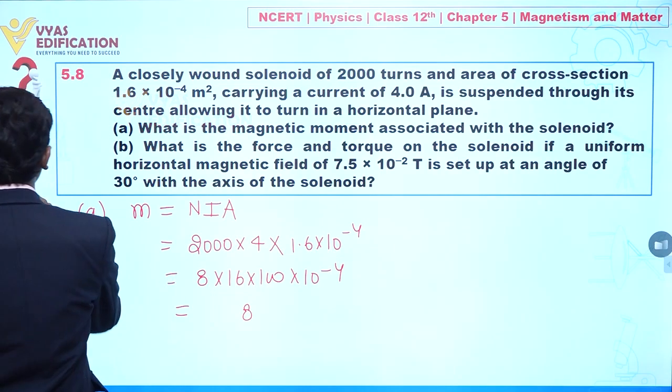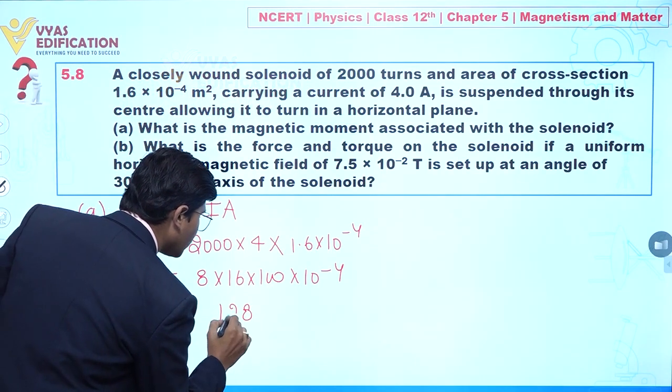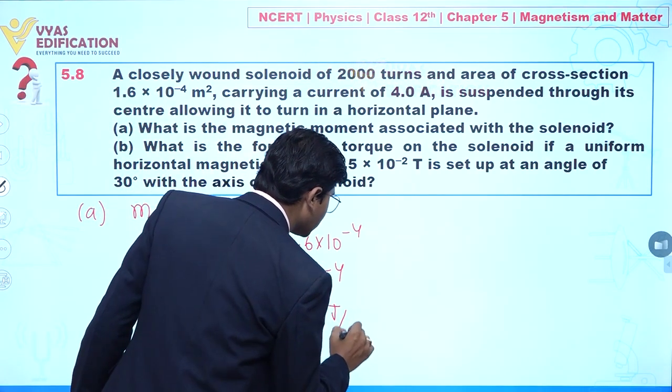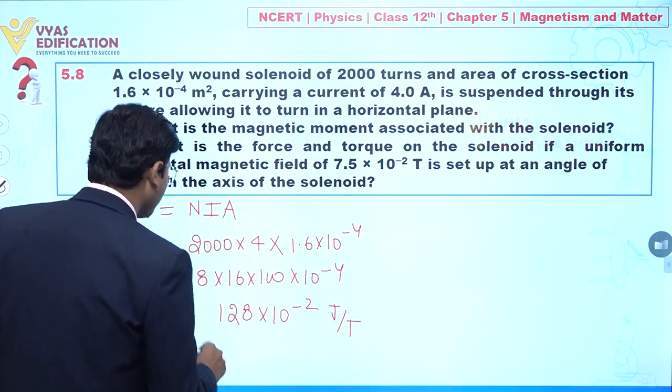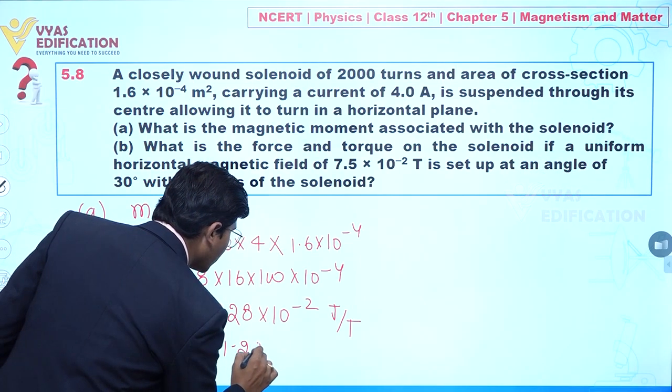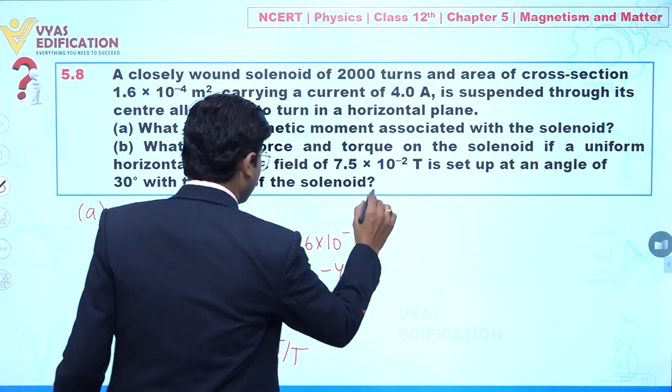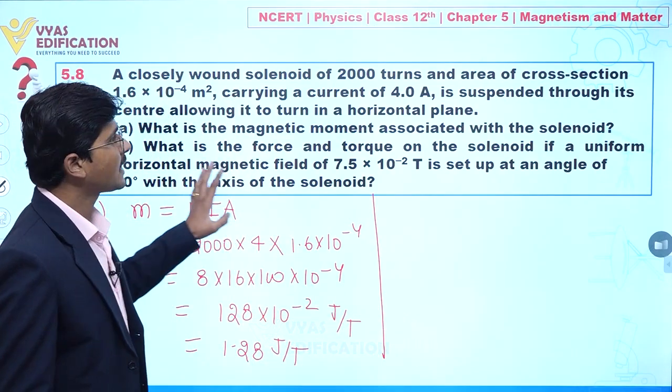So from here we have 8 times 16, which gives 128, so this is 128 × 10^-2. And this value we are getting in joule per Tesla. So I can write this as 1.28 joule per Tesla. So this is all about part A, the magnetic moment.